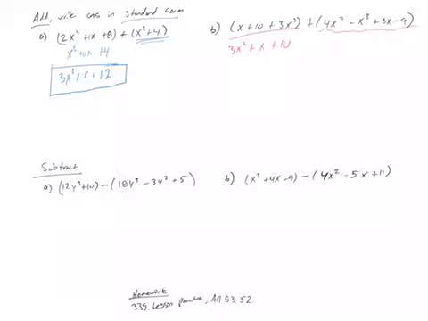So this is going to be 4x squared, minus x cubed, so that's a degree higher, minus x cubed, plus 3x, minus 9.